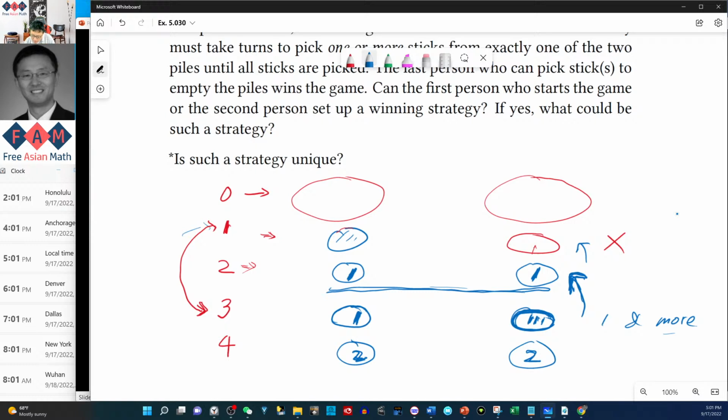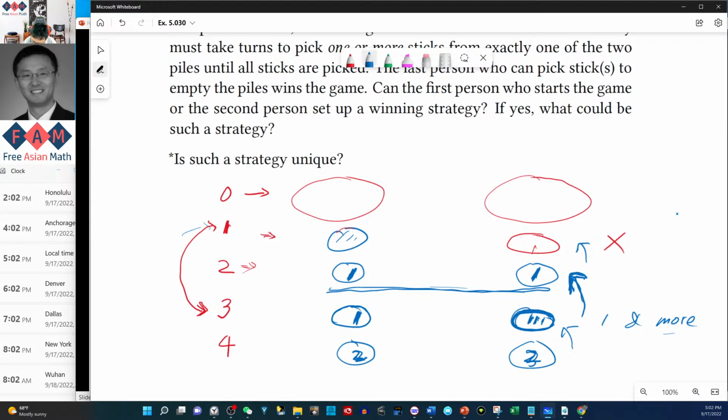Why? The reason is that if this is not 2-2, say one has at least 2 and the other has say 3 or 4, whatever, the losing guy did not have to create such a situation.